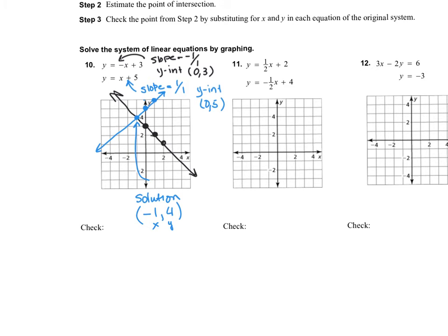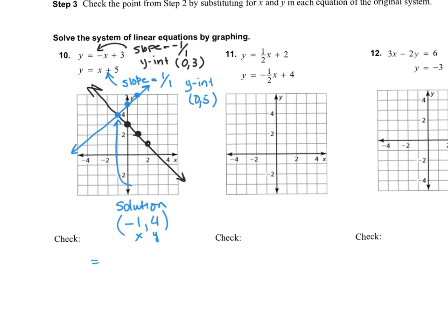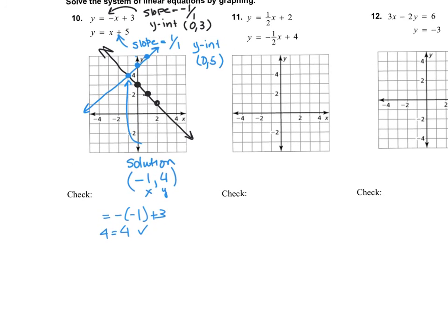So for number 10, we have 4 equals -1 plus 3. So 4 equals 4. That is correct. And I'm going to check my other equation to make sure the solution works. 4 equals -1 plus 5. So 4 equals 4. That also works. So yes, this is the solution, definitely.